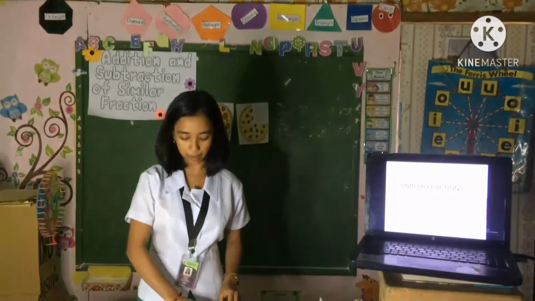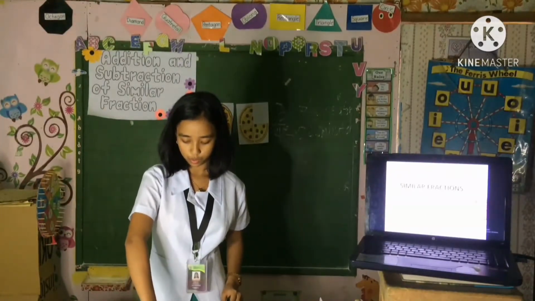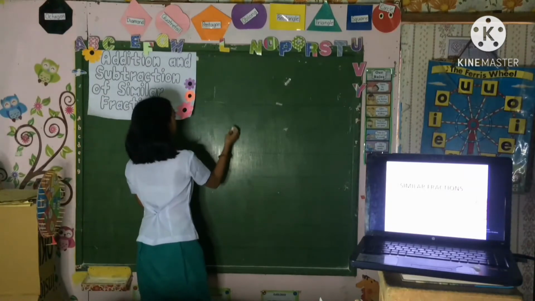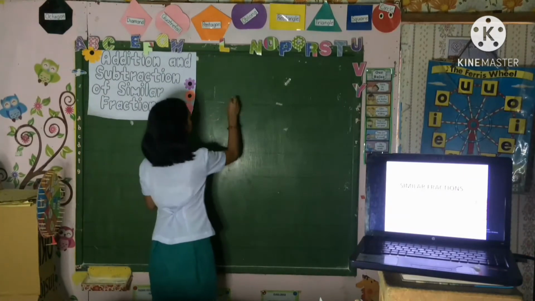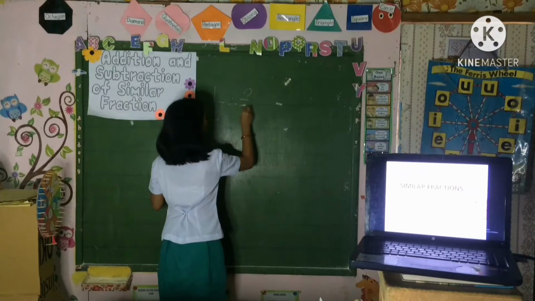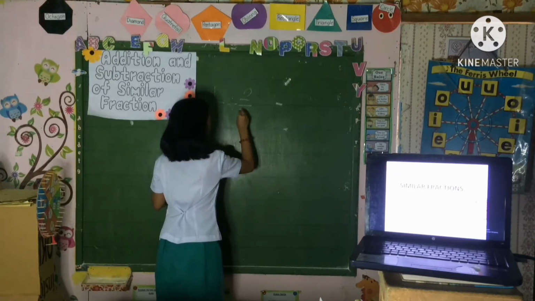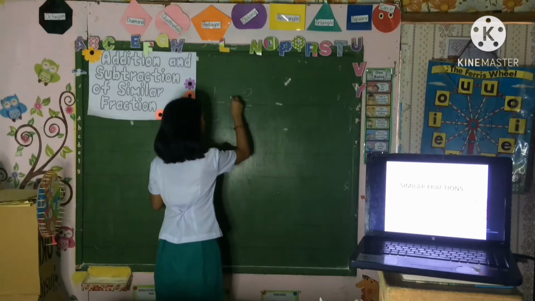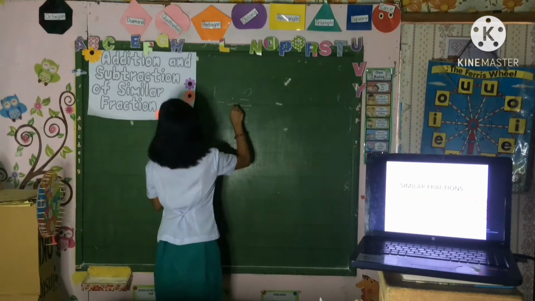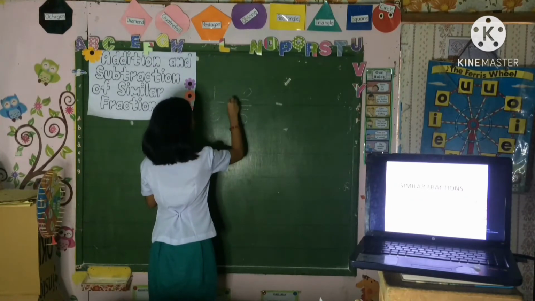So I have here example 2: 1 over 5 plus 2 over 5. The operation that we use is first addition, and later we will discuss subtraction of similar fractions.